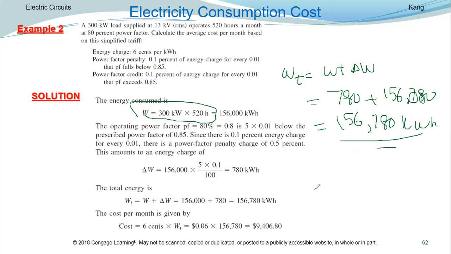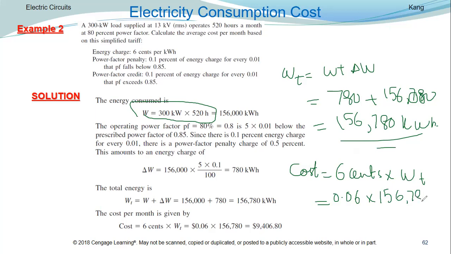So the cost for this system will be 6 cents multiplied by WT. 6 cents is 0.06 multiplied by the energy consumed, 156,780.